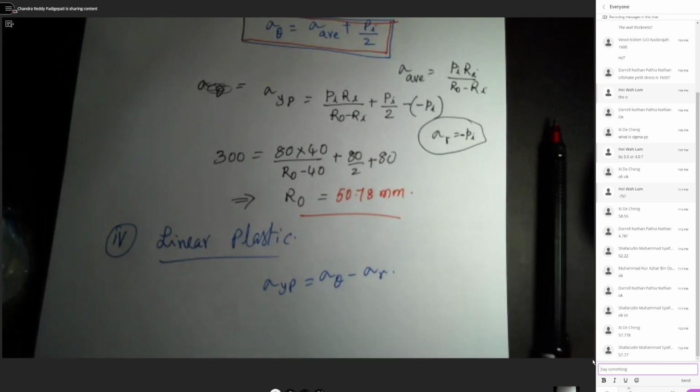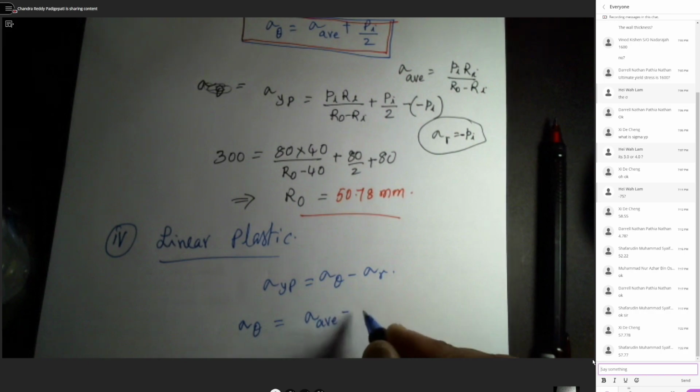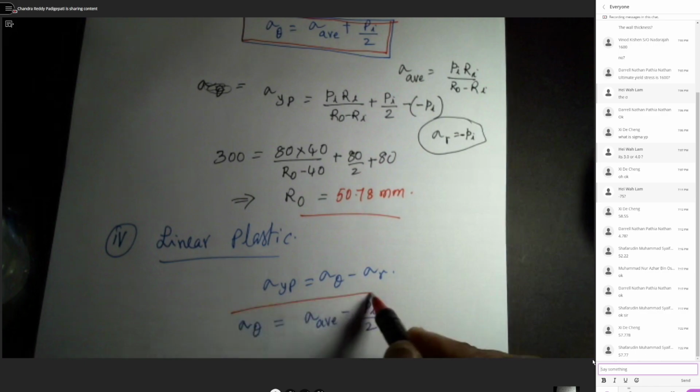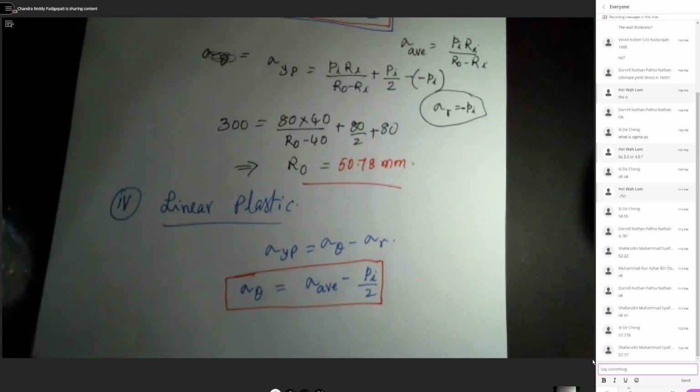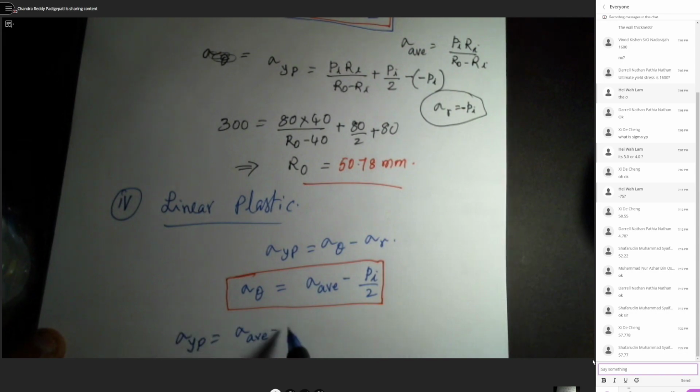But for linear plastic, sigma theta is equal to sigma average minus pi over 2. So this is the formula for linear plastic. Now we can write sigma yp is equal to sigma average minus pi over 2.